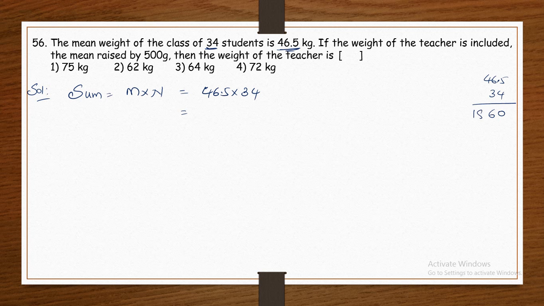So 4 4s are 16 plus 2 is 18. Next, 3 5s are 15, 1 is carried. 3 6s are 18 plus 1, 19. 4 3s are 12, 1, 13. So from this, 6 plus 5 is 11, 18, 1 is carried. So 3 plus 2 is 5, 1. This gives me 1581. So the sum of this is 1581.